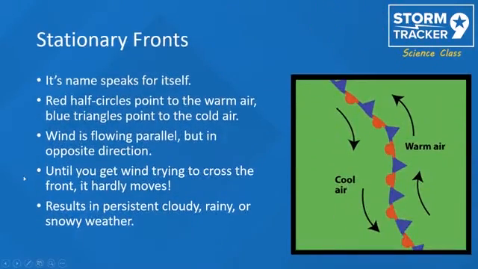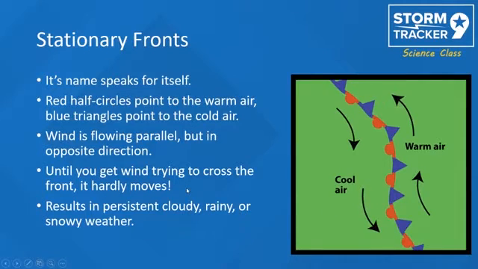So the first kind that we'll talk about are stationary fronts, and the name kind of speaks for itself. You got this kind of alternating warm front, cold front, warm front, cold front. So it kind of makes sense that this would be a stationary front. And usually the wind is flowing parallel, but in opposite direction of the front. So this would be, I guess, to the northeast, maybe, northish, and this would be to the south.